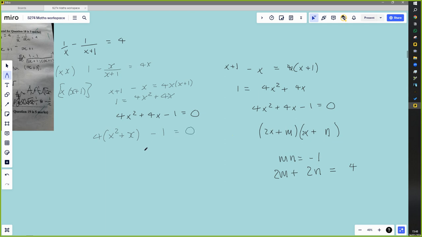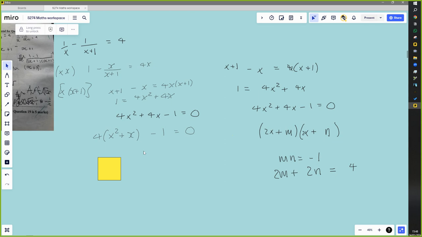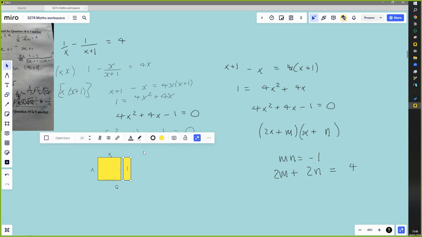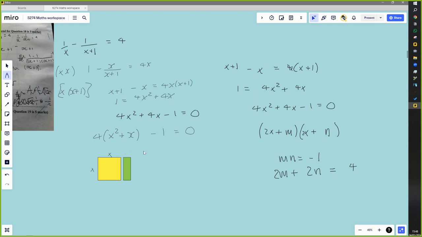Now, let's remind ourselves how we do completing the square with this little diagram that I used last time I did this. If we had a square of x times x and a rectangle which is b times x, well, in this case, b is just 1. We're just looking at the bit on the inside for the moment.